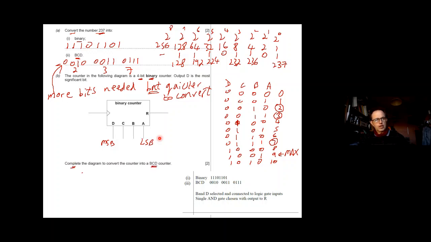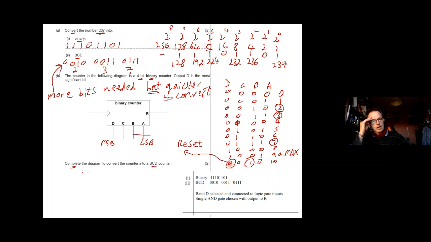Right, we've got a binary counter here. That's the most significant bit, and we've got the least significant bit there. If you want to make a counter going to a 7-segment display, the biggest number you can show on 7 segments is 9. So you need to reset on the number 10.